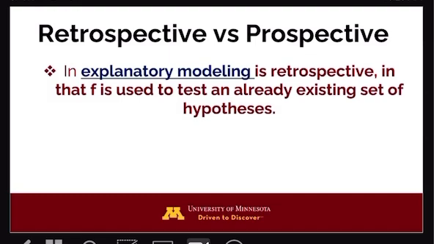And that very F is used to test an already existing set of hypotheses. You're putting forward a function because you want to test hypotheses that you have generated, probably based on research questions and so on.